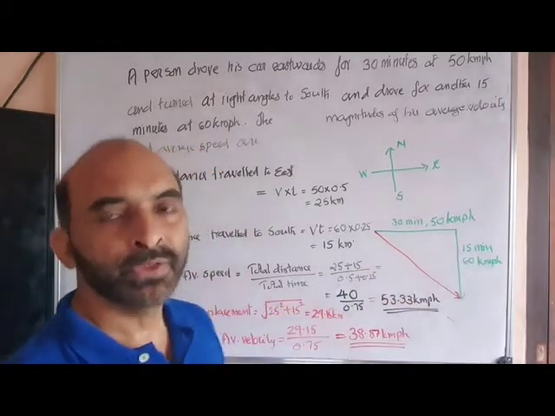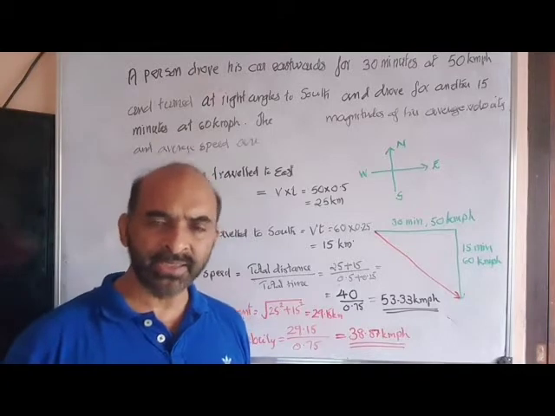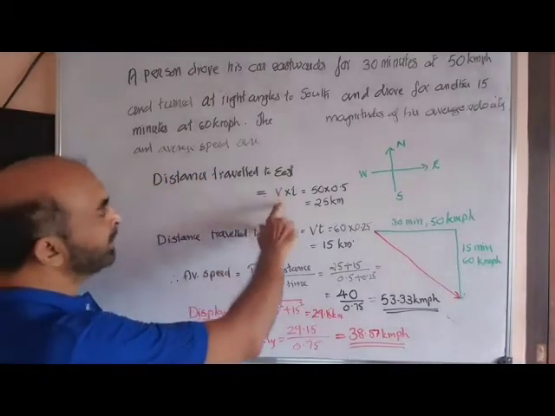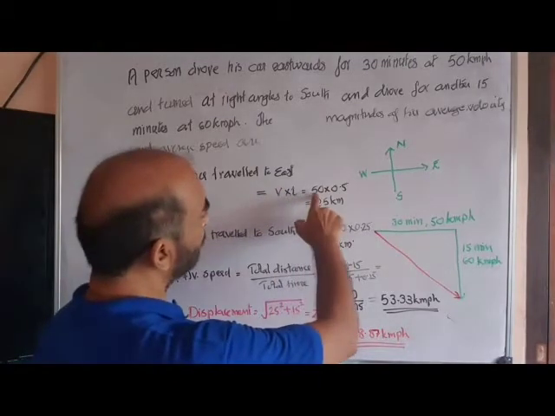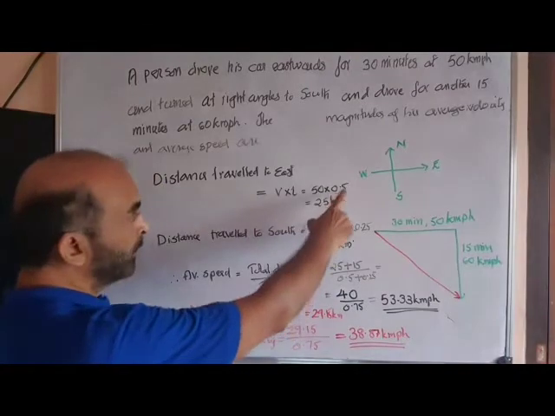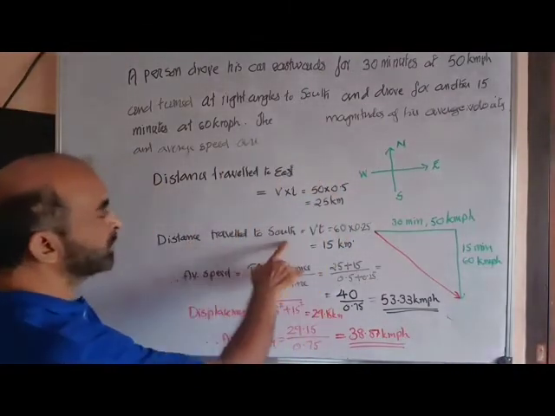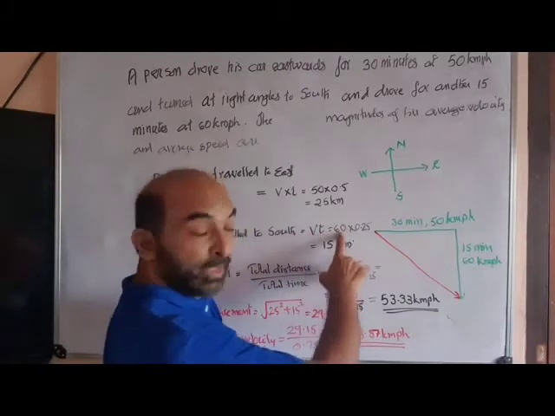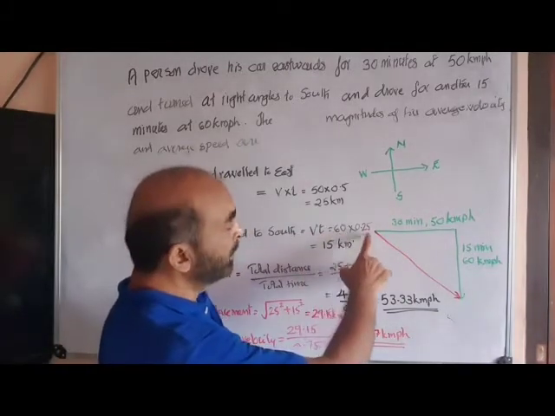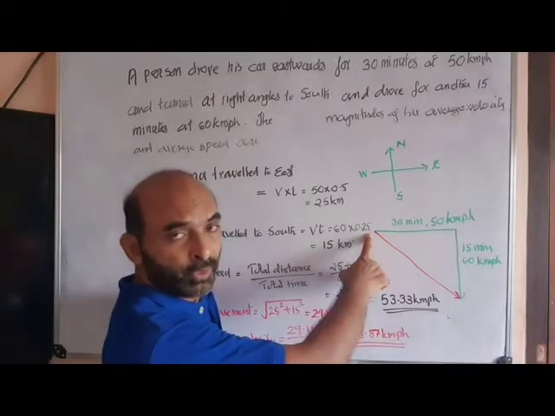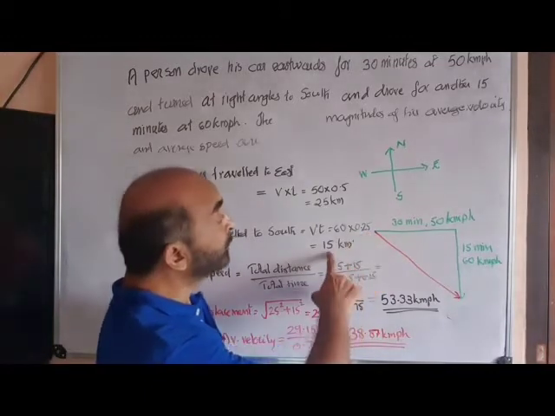Okay. So first we will see the total distance traveled by the person. Distance traveled to east, speed into time, 50 into 0.5, 25 km. 0.5 is 30 minutes. Then distance traveled to south, again speed into time, 60 km/h into 1/4 hour, 15 minutes, 0.25 hour, is 15 km.